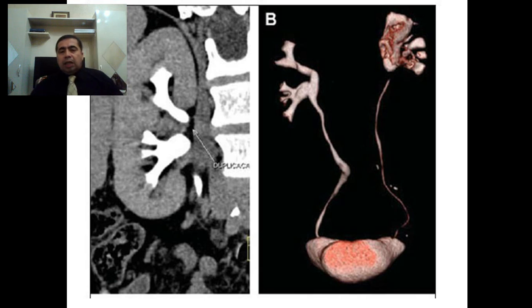In your practical classes, it's explained that the muscular membrane of the ureters is two-layered at the upper part and three-layered at the lower part. And topographically, the ureters are divided into the abdominal part, the pelvic part, and the very short but very important intramural part, which is located in the wall of the urinary bladder.